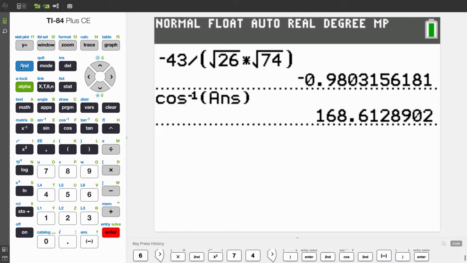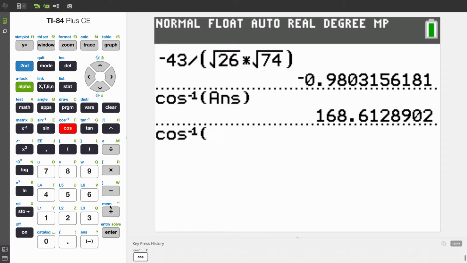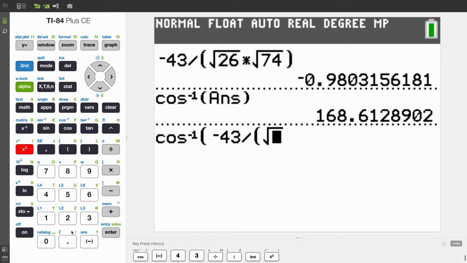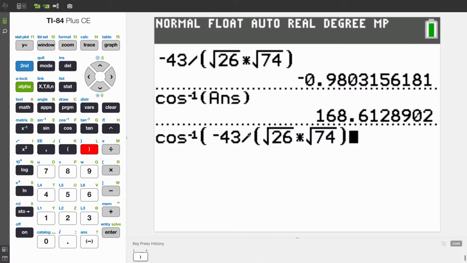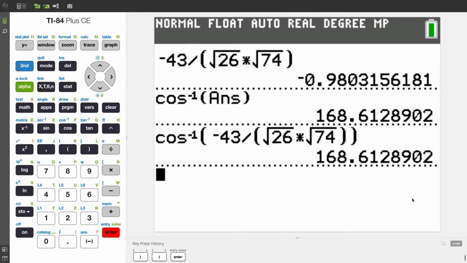Now, let's do inverse cosine of -43 divided by, in parentheses, square root of 26, get out from under the radical, times square root of 74, get out from under the radical, close parentheses for the denominator, close parentheses for the inverse cosine argument, hit enter, and you get 168.6 degrees.